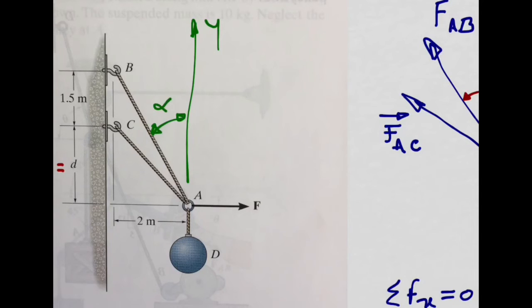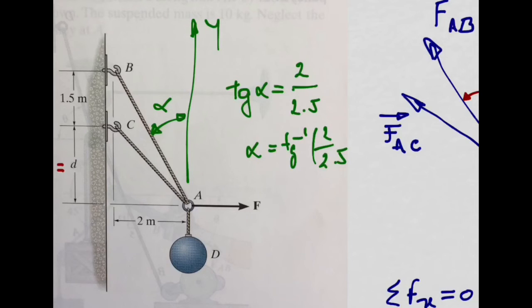So let's say this is my angle alpha. Tangent of alpha is equal to 2 meters over 2.5. So this means alpha is going to be the inverse tangent of 2 over 2.5. So alpha is going to be equal to, can someone please do this calculation for me?